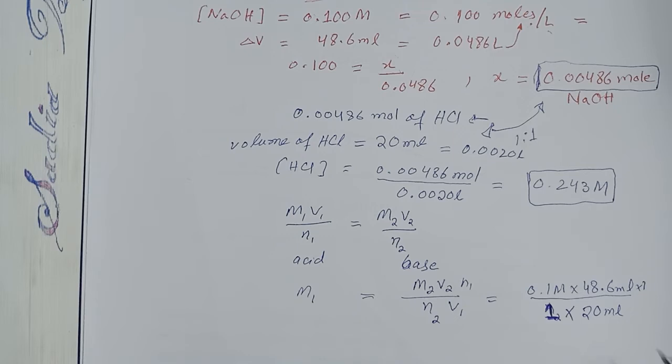So here we don't need to convert the volume from ml into liter, because we are dividing volume by volume, so we don't have the unit of volume in it.